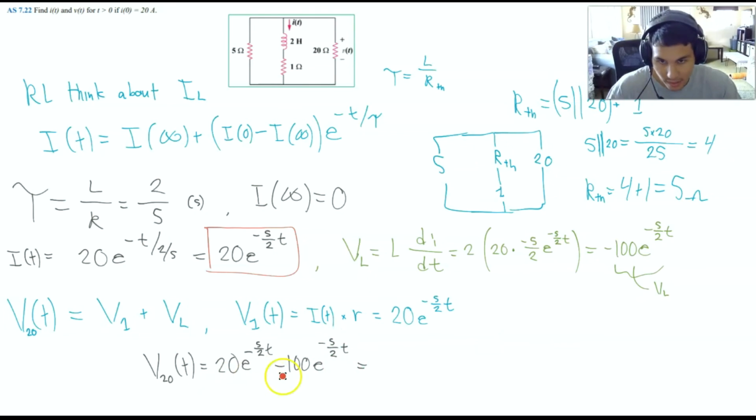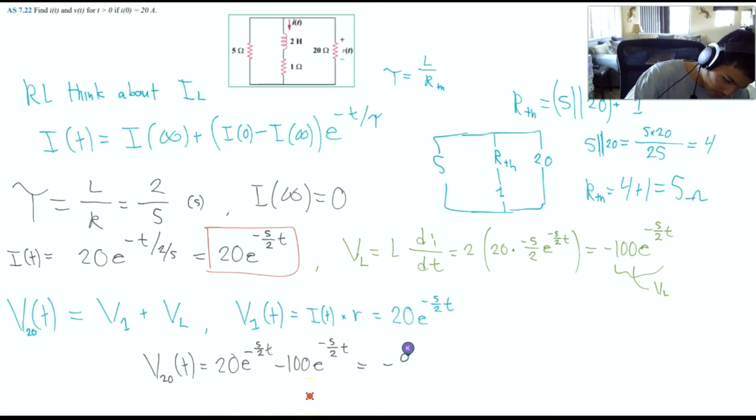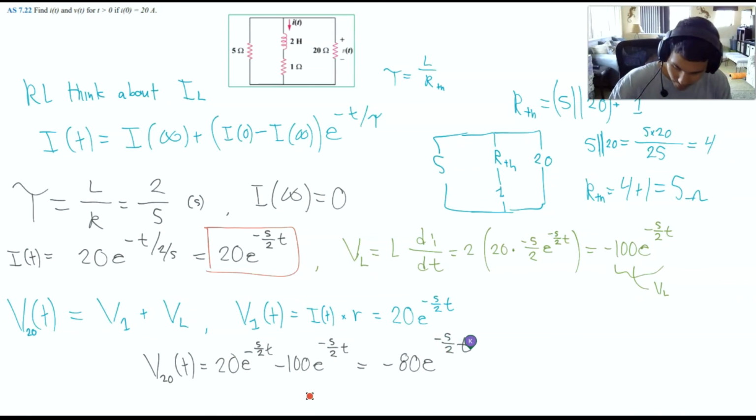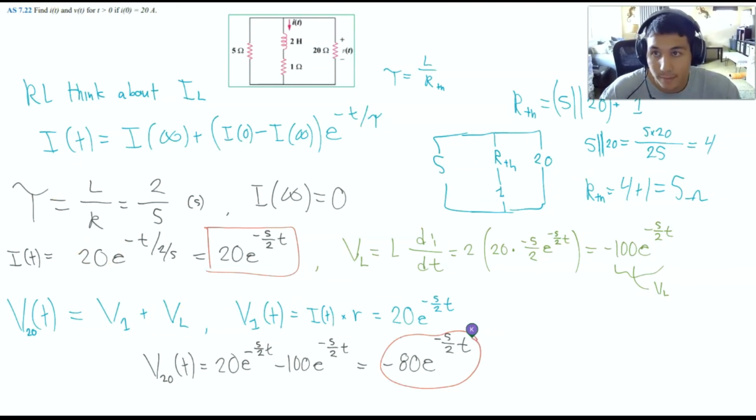And we see that these are nearly the same thing, except the coefficient is slightly different in the front. So you could just do simple algebra, right? So it's going to be negative 80 e to the negative 5 over 2 t. So that's it.